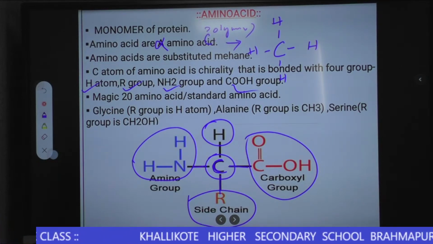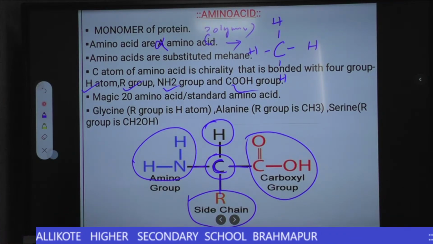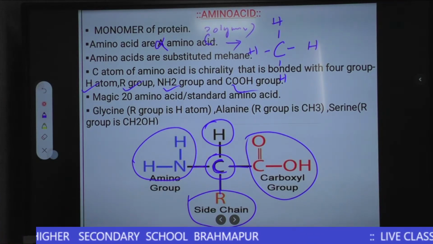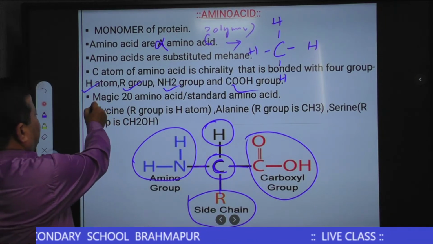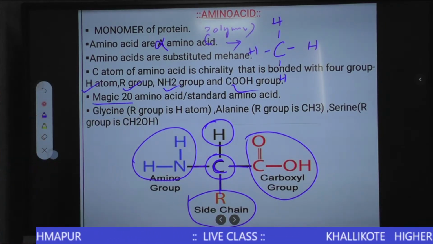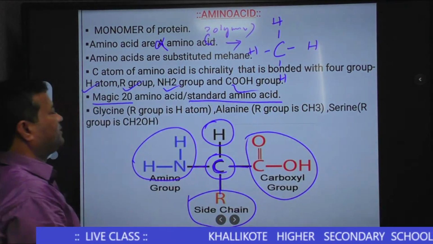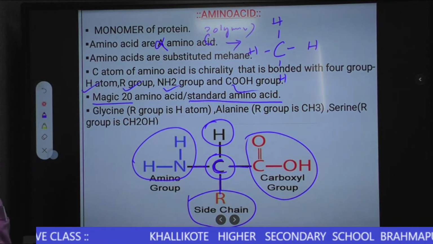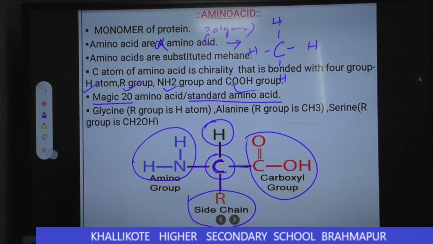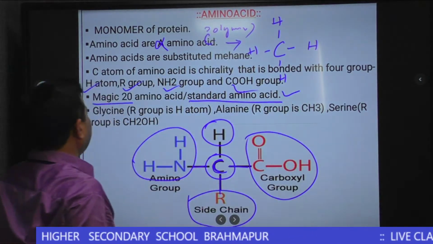We know there are 20 amino acids that participate in the synthesis of protein. These 20 amino acids are called the magic 20, or standard amino acids, meaning they can participate in the synthesis of protein molecules.